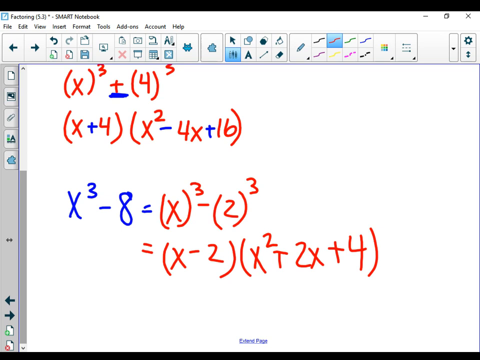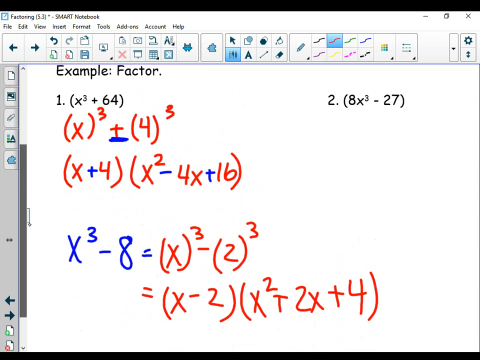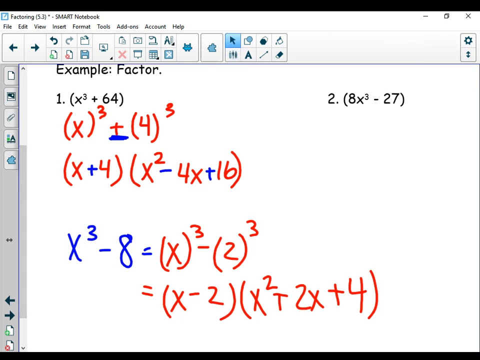Okay. So let's try this one up here now, number 2. Be careful, because now you have a coefficient.